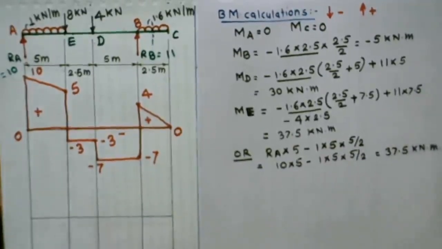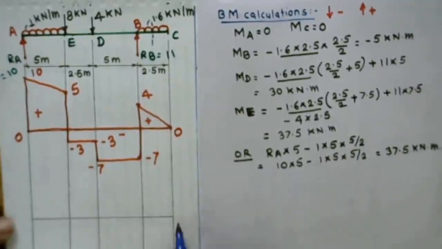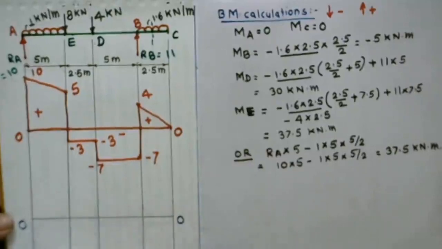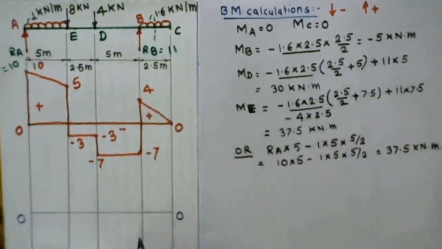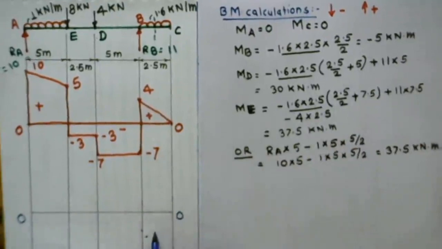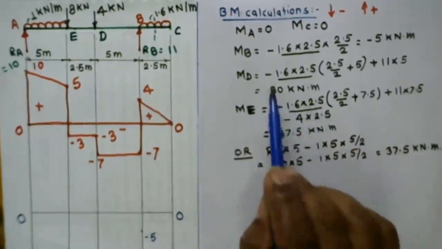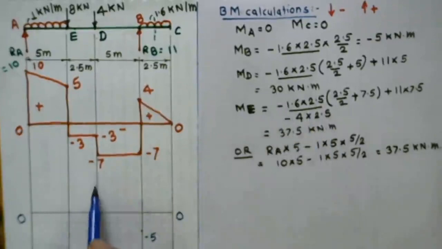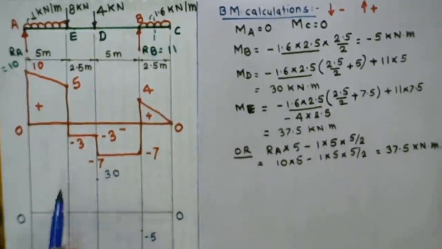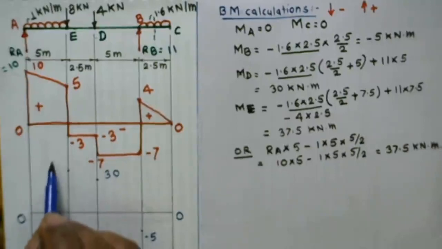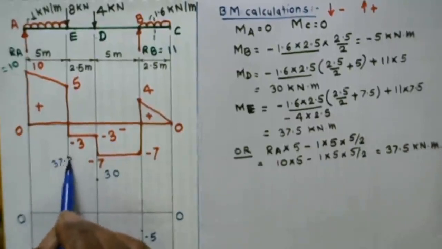Okay, now we have to plot its bending moment diagram. So the bending moment at point C is 0, at point A it is 0, at point B the bending moment is minus 5, at point D it is 30, and at point E it is 37.5.